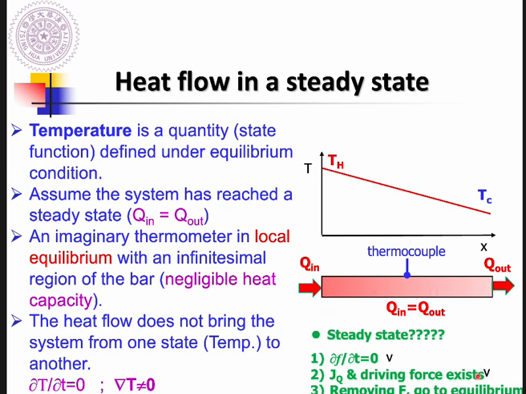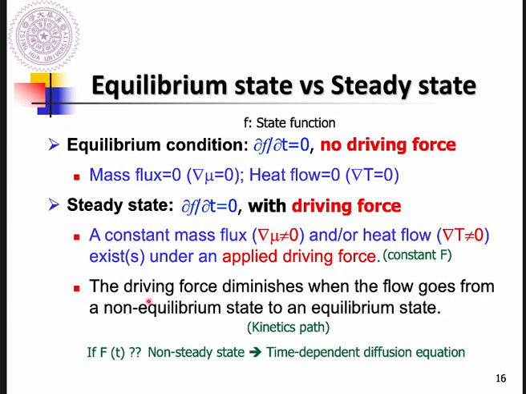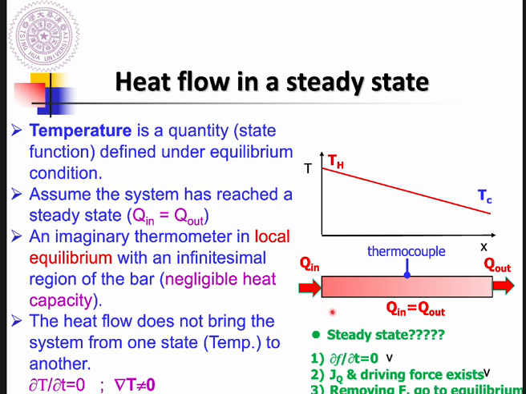So that also satisfies the criterion. And the third one in the previous slide is that when you remove the driving force, the system will go from a non-equilibrium state to an equilibrium state. So let's check. If we remove the hot reservoir and cold reservoir, then the system finally, I believe, will move to constant temperature. So constant temperature, no temperature gradient, no driving force, the system goes to equilibrium condition.